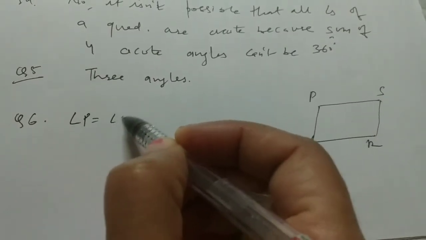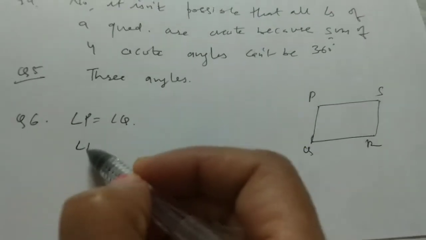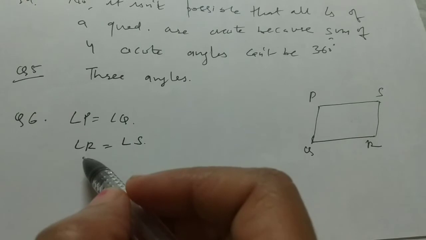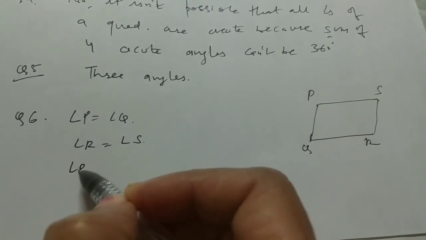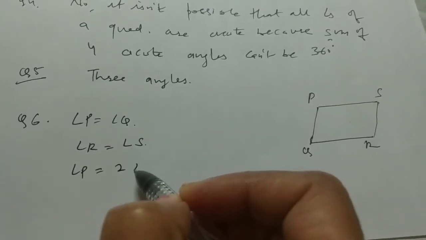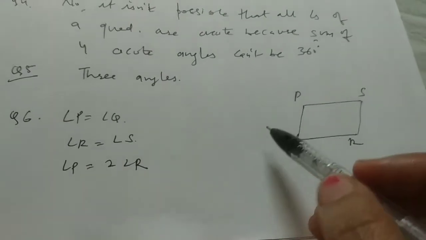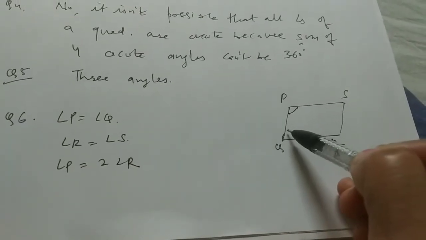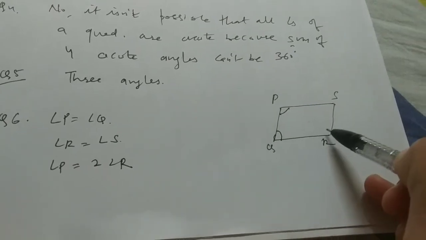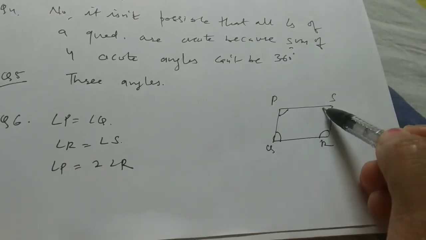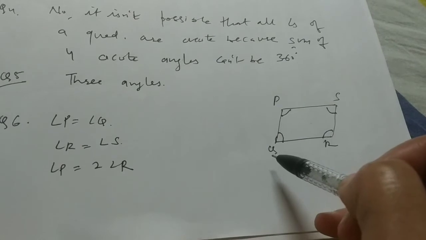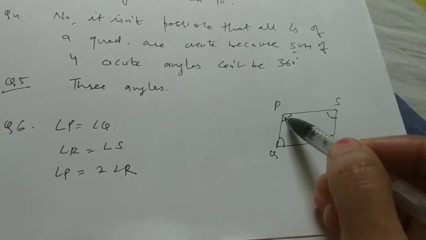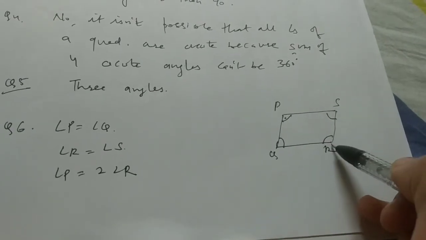Angle P equal to angle Q and angle R equal to angle S, and angle P is double of angle R.